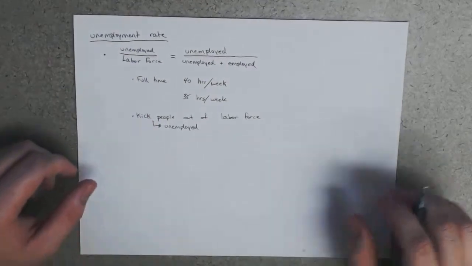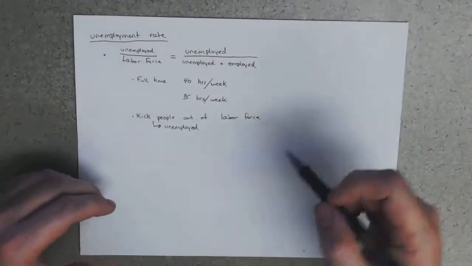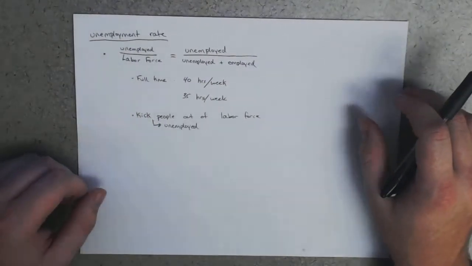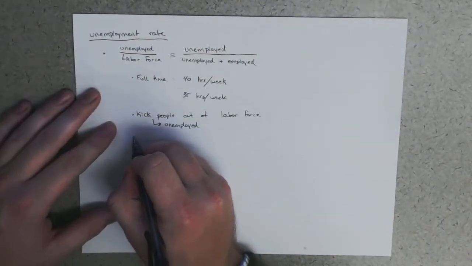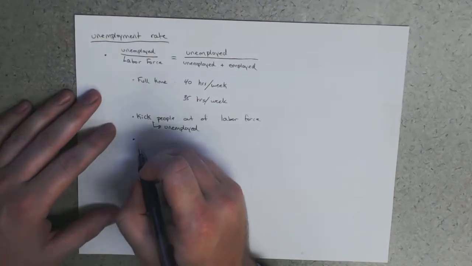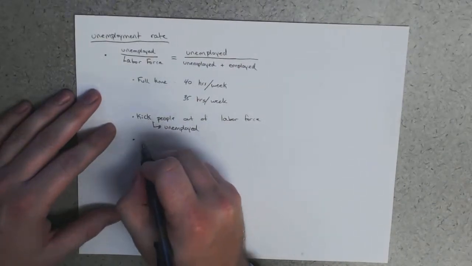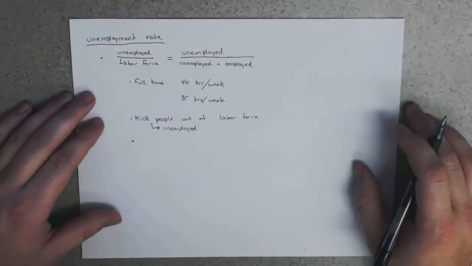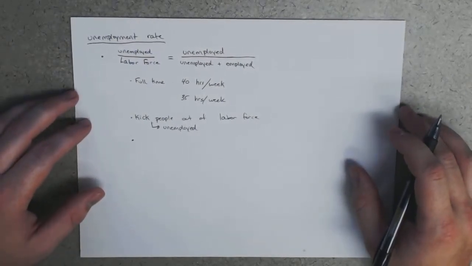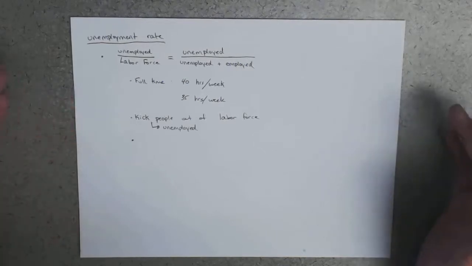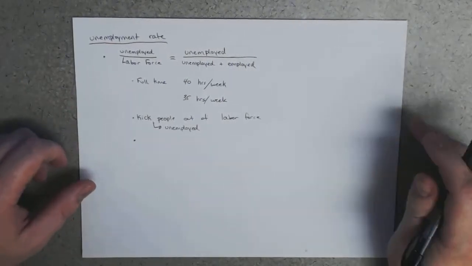If we kick unemployed people out of the labor force, we're also going to reduce the unemployment rate. Now, I'm going to say a very grotesque thing, and for that I apologize, but there was a famous economist, I'm not going to name him, who said, look, there's a very simple way of lowering the unemployment rate. Here's what we do. We could just, for want of a better term, kill anyone who's unemployed.